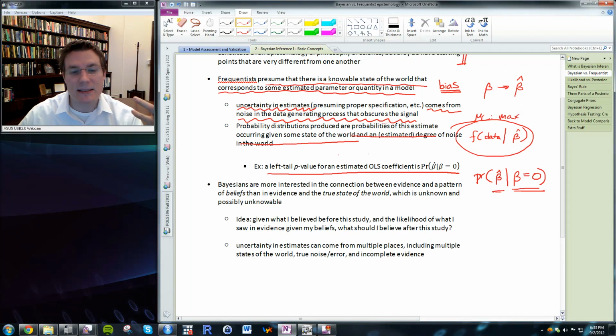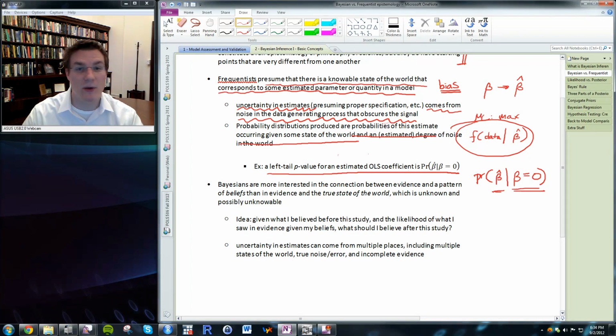A frequentist says, well, that is informative because what we're trying to do is decide, well, I don't want to conclude that beta is not 0 if the world is pretty consistent with the idea that beta actually is 0. It sort of makes some sense, but you can already see there's a string of logic going around that's kind of confusing and backwards from the way that we might ordinarily think about these problems.